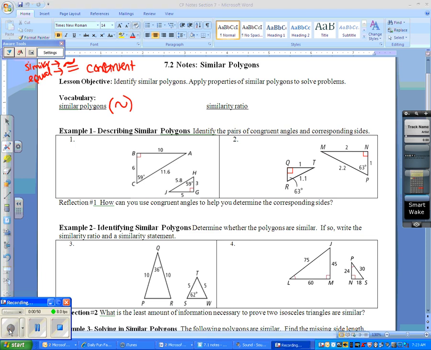Okay, so the word similar means that the shapes, the polygons, aren't necessarily the same size, but they are the same shape. So we know similar means same shape, but not necessarily same size.